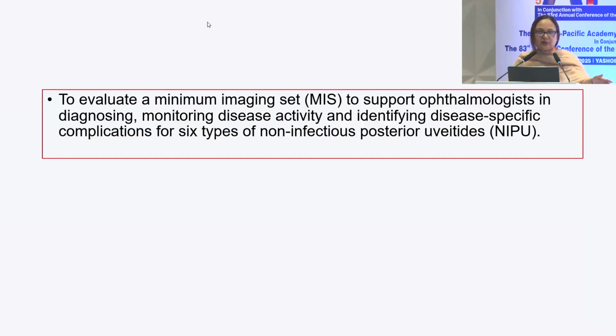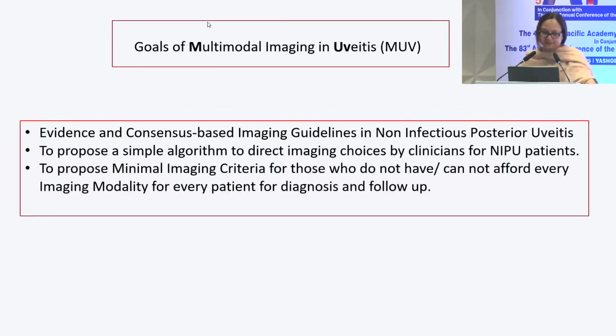Sapna showed beautifully that for multifocal choroiditis, probably all we need is a color photo, OCT for activity, and autofluorescence to look for new lesions. You do not need everything for everybody. So we wanted to define what experts think would be the minimal imaging set for these entities.